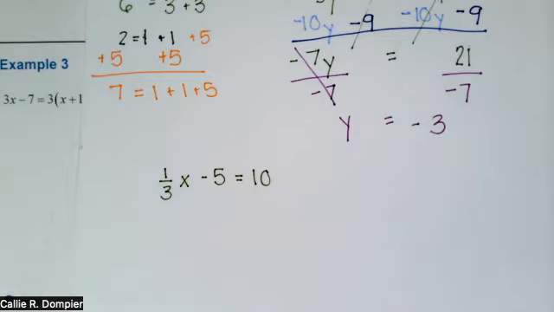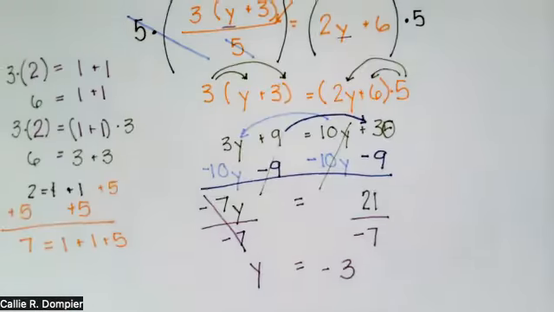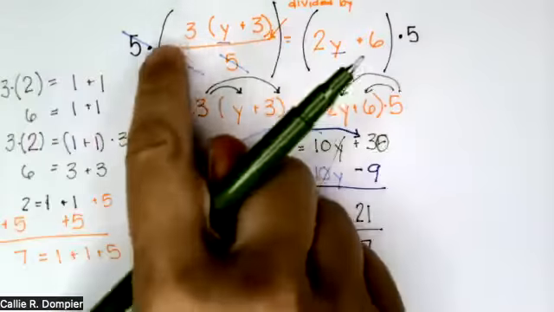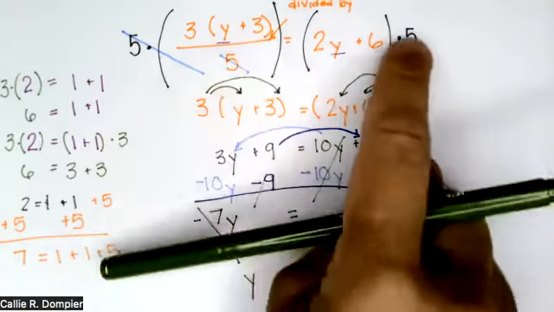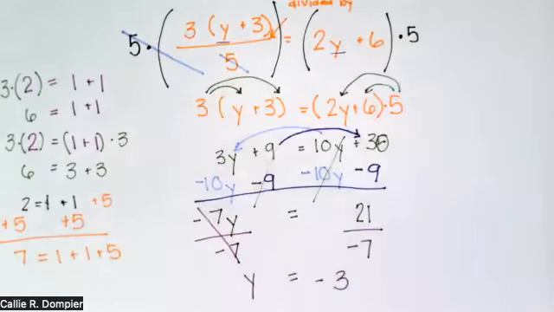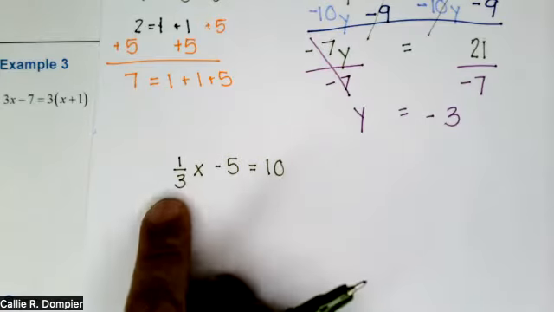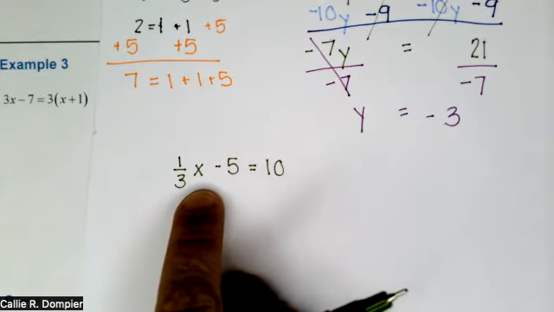What do we do here? It's another fraction. So here, everything was over 5, so we multiplied by 5, right? To maintain equality, we multiplied both sides by 5. Here, I just have a 1/3 next to my x.